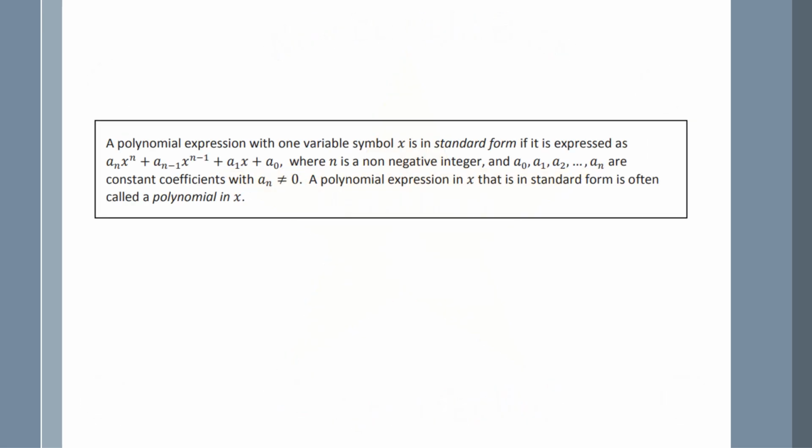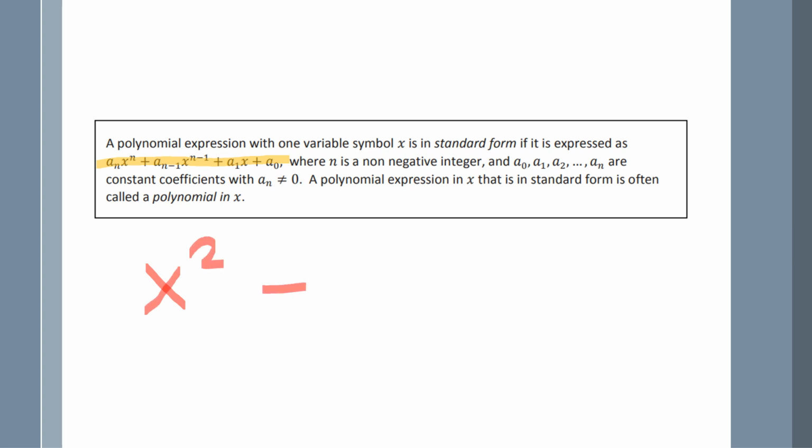And we're back. Here's a definition for you to try out. A polynomial expression with one variable symbol is in standard form if it's expressed in this crazy notation. Have you guys seen this before?